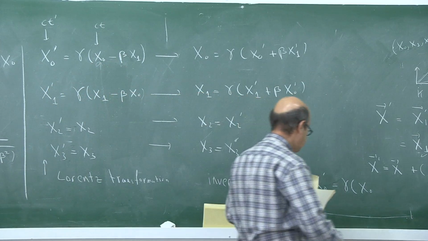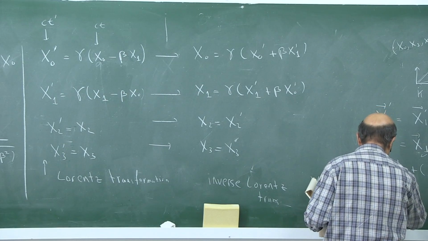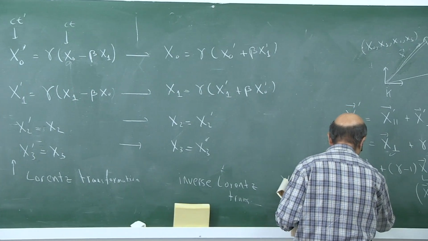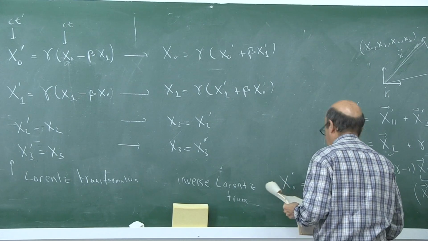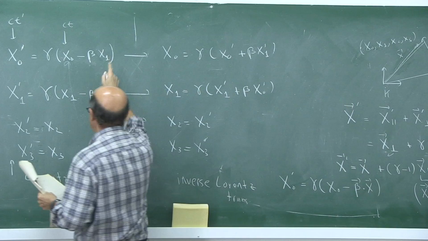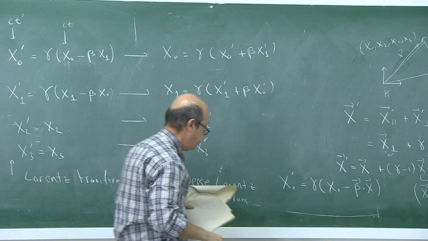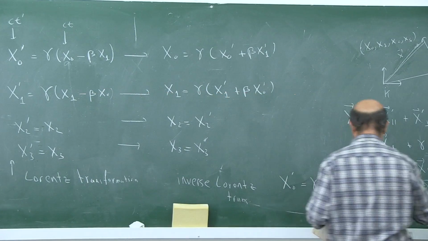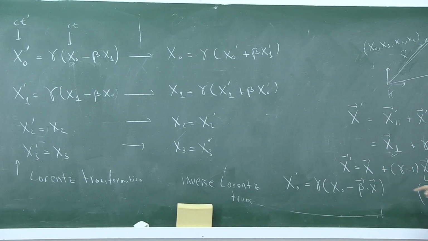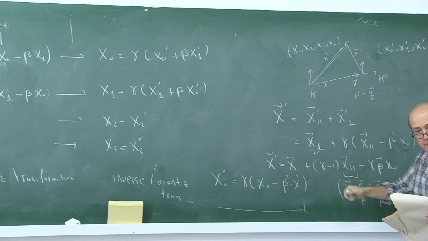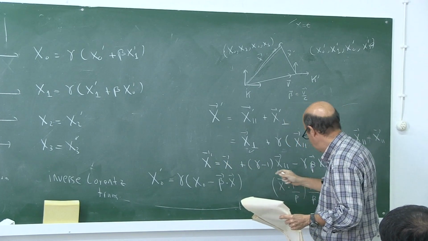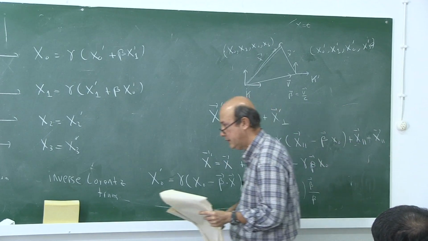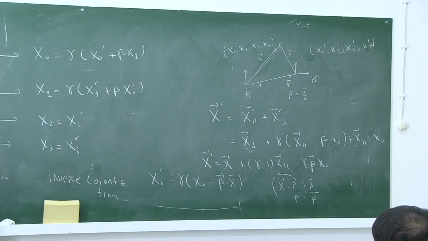Sorry, I was mistaken earlier. So beta x1 is nothing but the projection of x along beta, that corresponds to beta x1. So this is the Lorentz transformation in 3 dimensions and the time coordinate. If you want the inverse Lorentz transformation, make the unprimed primed and replace the velocity with minus the velocity.